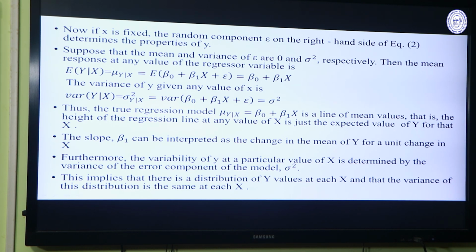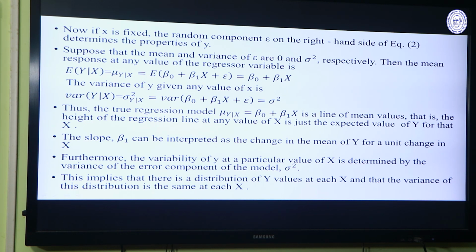Now, here the mean value is called conditional mean. That means, given certain values of x, what will be the expected or mean value of y. That is why it is written as expected value of y given x, which we denote by mu y given x. Now, x is given and we are trying to find out the mean values.